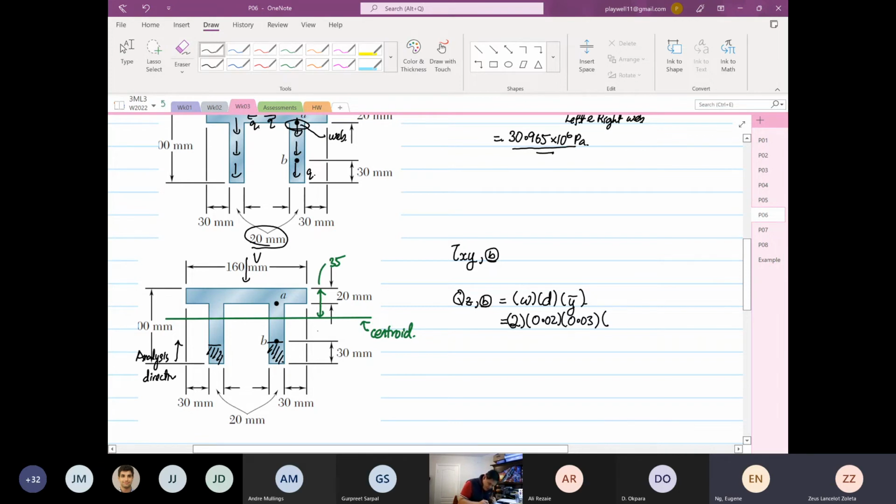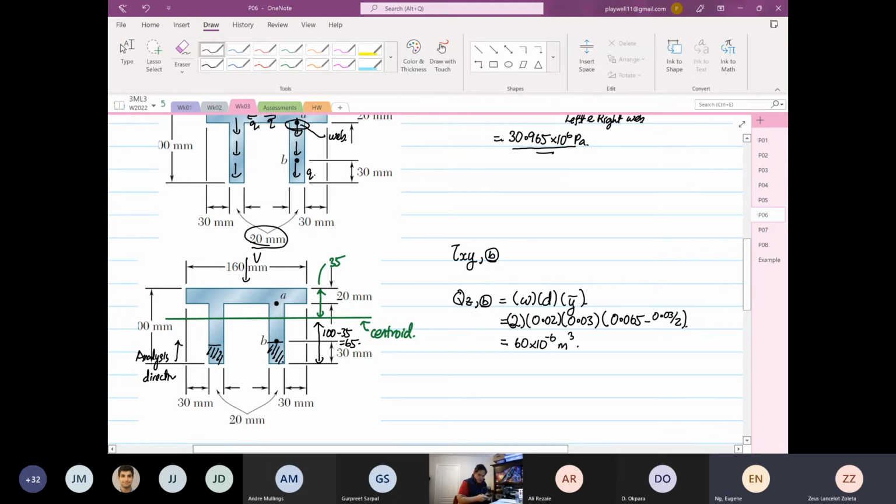The distance from here to here is 100 minus 35, which is equal to 65, so 0.065 minus 0.03 divided by 2. So we calculate (0.065 minus 0.03 divided by 2) times 0.03 times 0.02 times 2, which is equal to 60 times 10 to the power minus 6 meter cube.